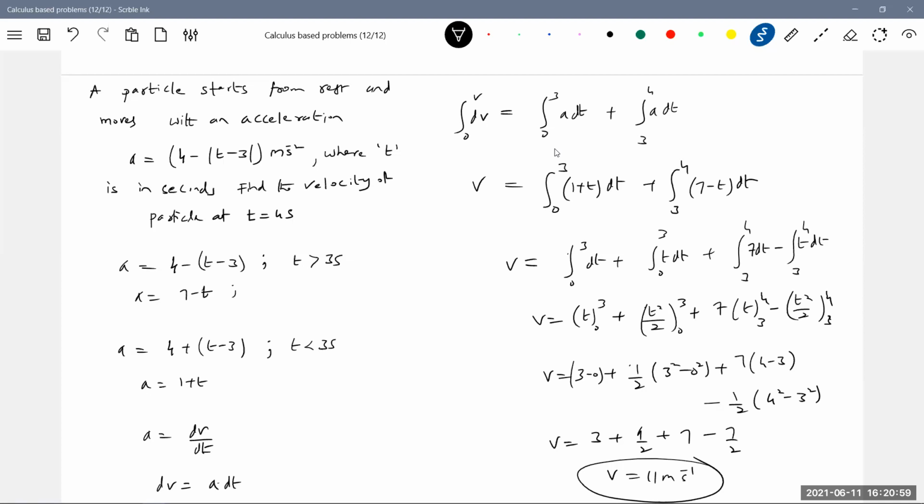At t equal to 3 seconds, the mod is there, so you have to break this up into 0 to 3 and 3 to 4. That's why the limits are there, t greater than 3 and t less than 4.